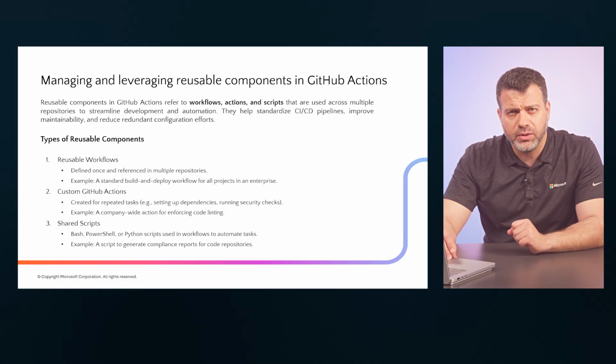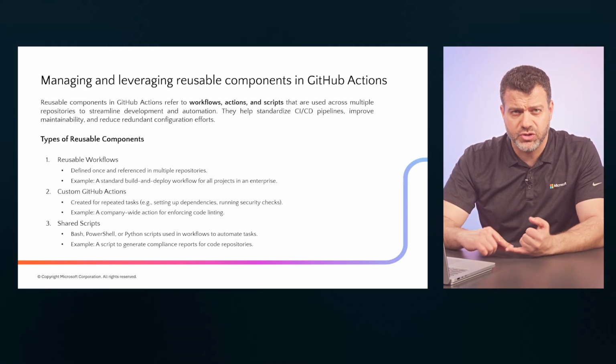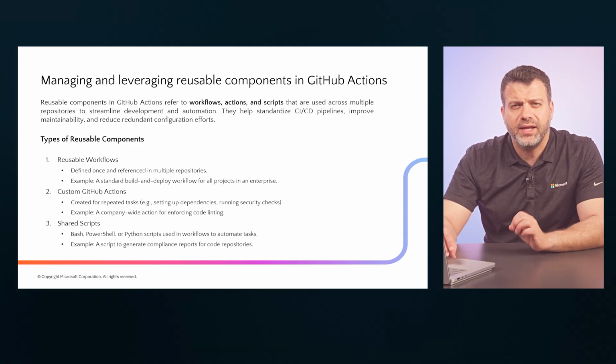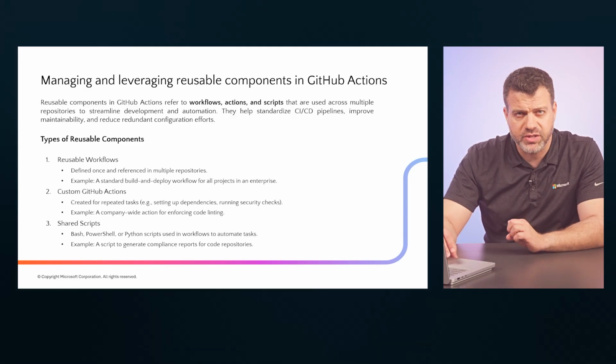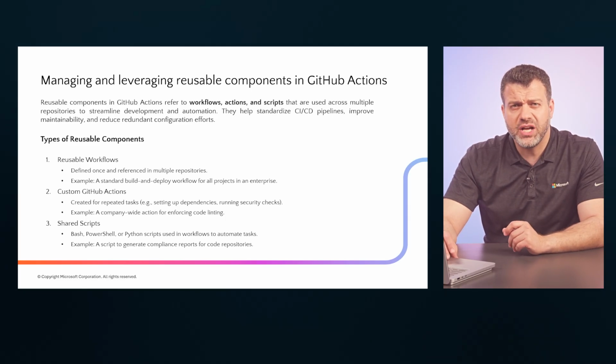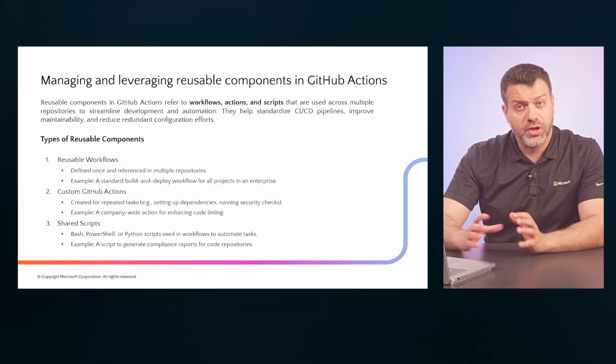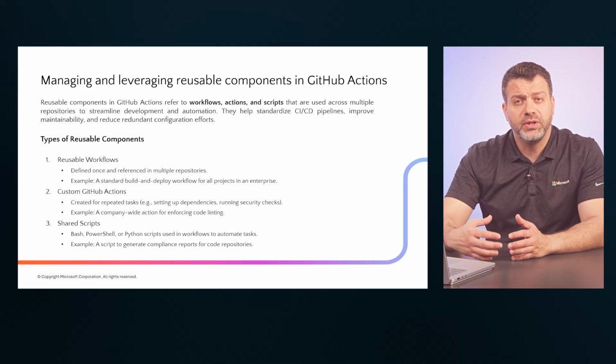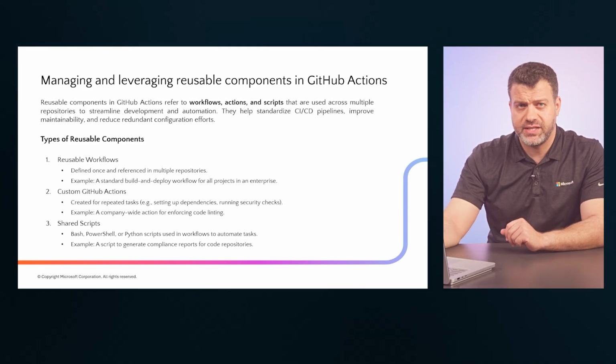To make this scalable, organizations typically centralize these components, store them in a dedicated repository, and share them across teams. This turns your CI/CD into a platform, not just an individual workflow. The goal is consistency, the ability to reuse and maintain at scale.